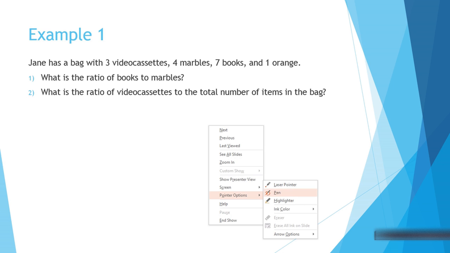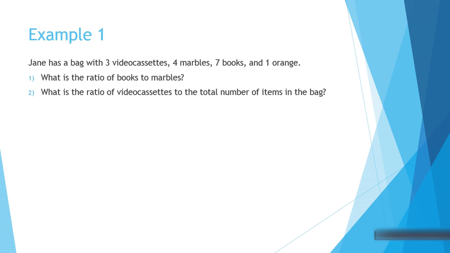So we only need the ratio of books to marbles. It is already given there are 4 marbles and there are 7 books. But we have books first, so the number of books comes in the first place, and the 4 comes as the next number. So the ratio of books to marbles is 7 to 4.